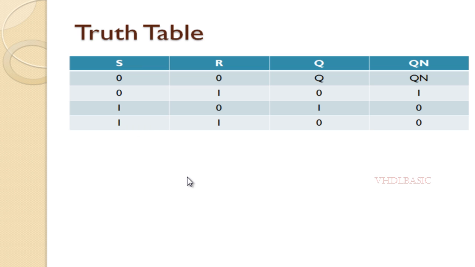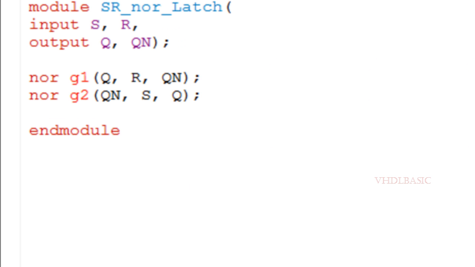Now I'm going to implement this in Verilog HDL. So this is the Verilog code for SR latch using NOR gate. S and R are the inputs of this module. Q and Q bar are the outputs of this module. Using the circuit diagram, I am designing this SR latch, so we need to use two NOR gates.